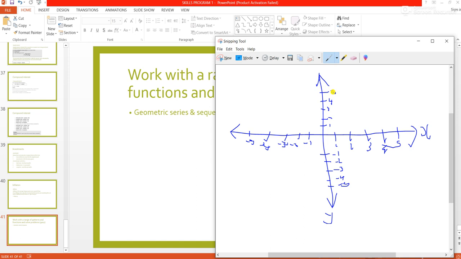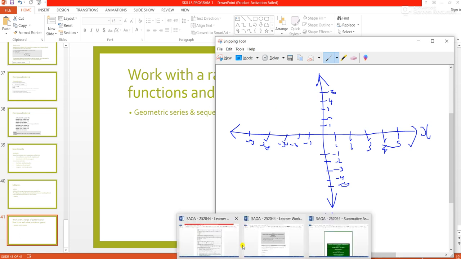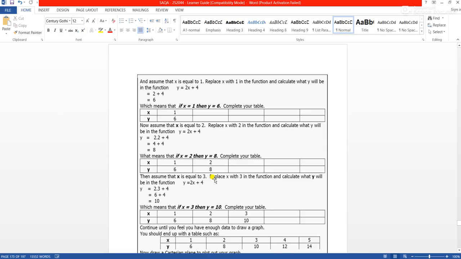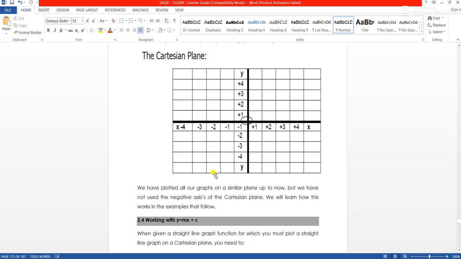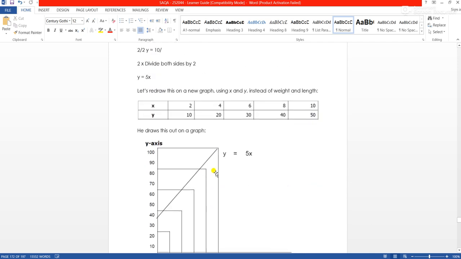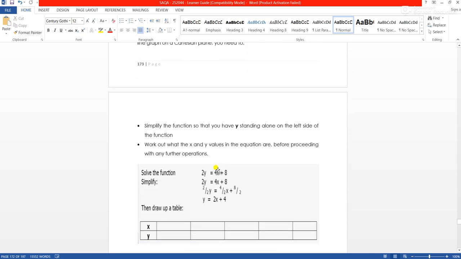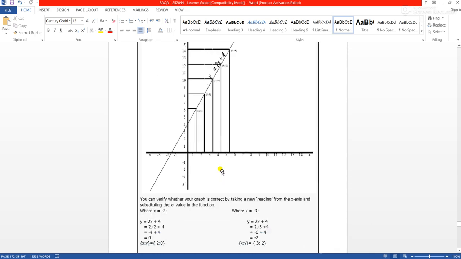So you're given equations for you to draw or plot your graph within this Cartesian plane. For instance, let's extract an example from your learner guide. There's one example that I saw which is very interesting.